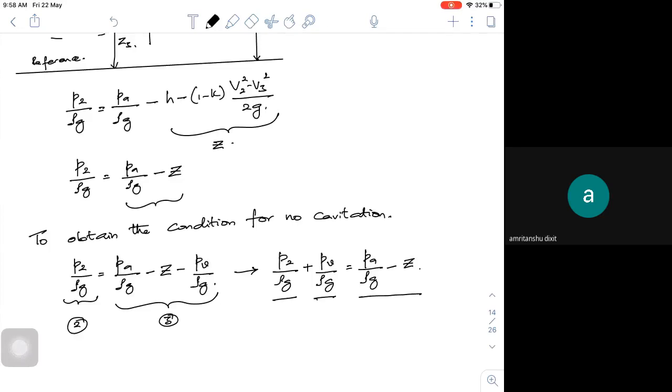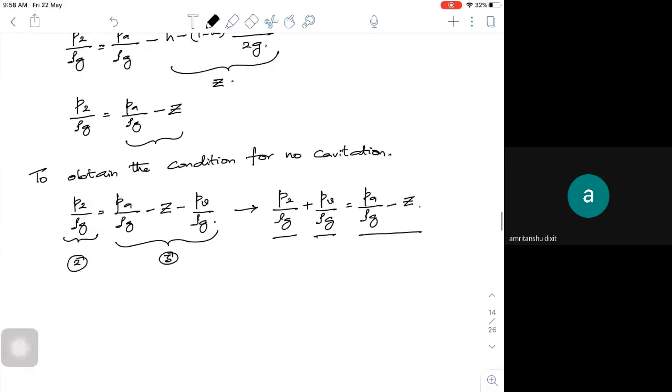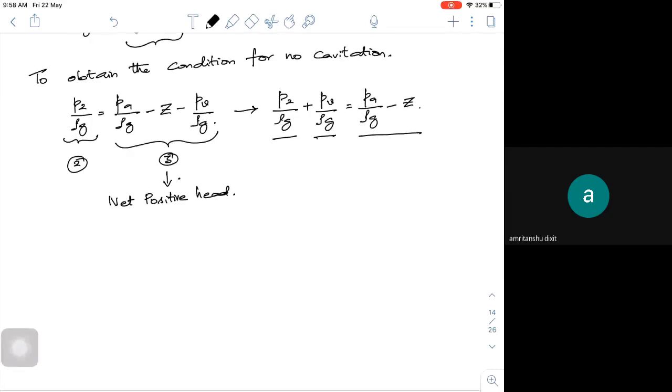Okay, and this is called net positive suction head. See, the whole thing, whatever we have here, I call it net positive head. We have studied similar kind of NPSH in the case of a centrifugal pump. Here, the NPSH, or net positive head, is equal to PA by rho g minus Z minus PV by rho g.